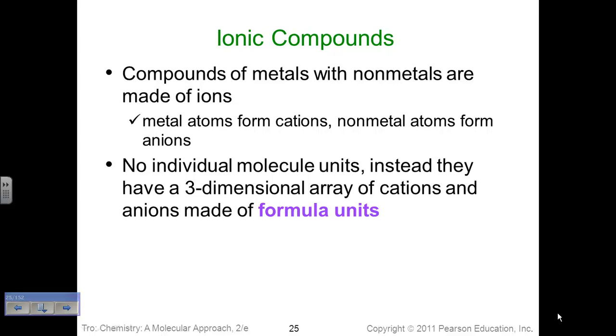Nonmetals, those to the right of our border, will always form negative ions called anions. Positives and negatives come together to create an ionic compound.